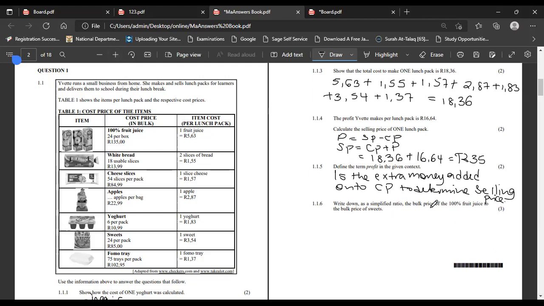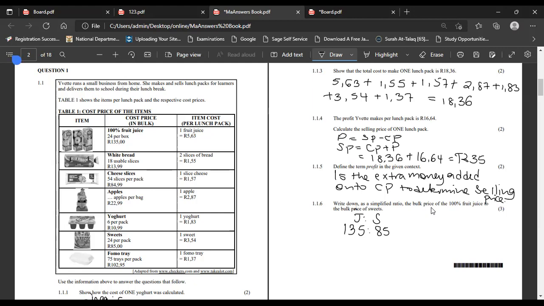Right, and the simplified, take note of that. We are looking at the simplified ratio for the bulk prices of 100% juice to the bulk prices of sweets. So all we know, we are looking for juice versus sweets. But the bulk prices, take note, it's in another area. So the juice is 135 and the sweets are 85 rands.